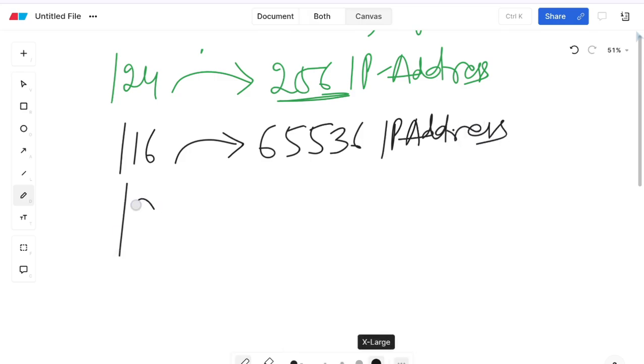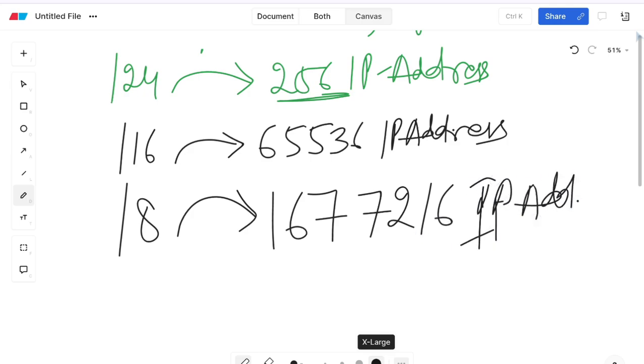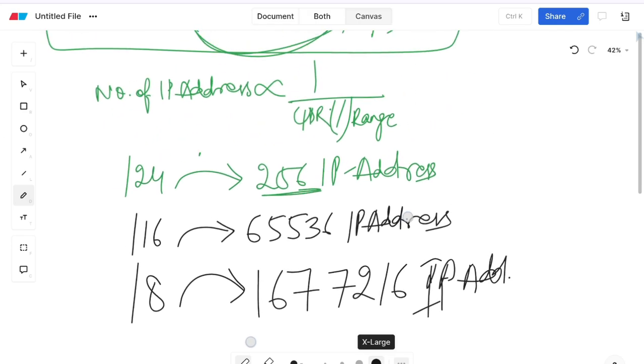Then if we have /8, okay, in that case you will get 16,777,216 IP addresses, if I'm not wrong. Okay, in this case this many IP addresses you will get. Okay, so this is what I was saying here, right? The number of IP addresses is inversely proportional to the range.